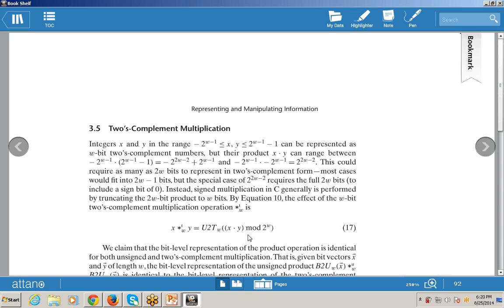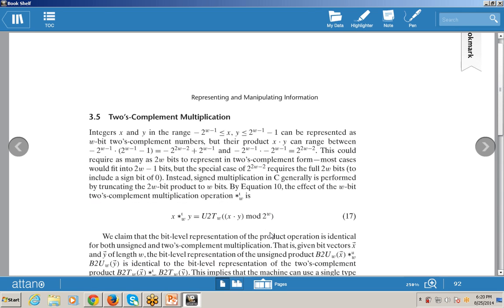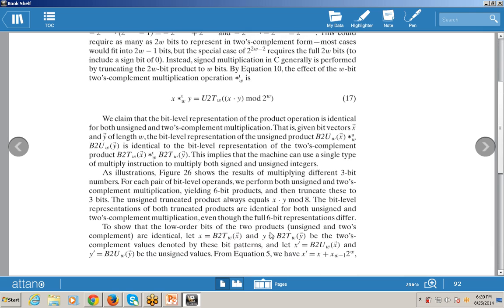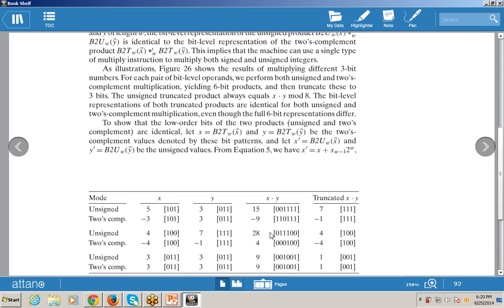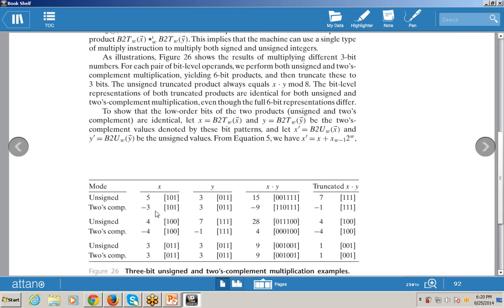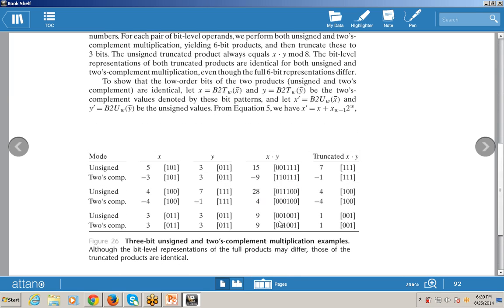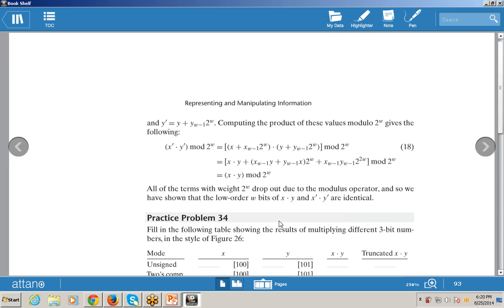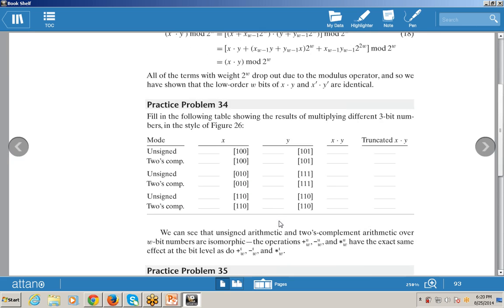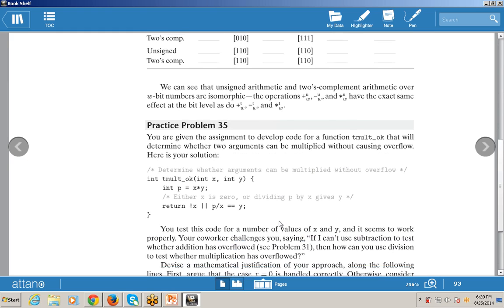It means we first find the mod and then apply 2^w. This is the unsigned number, that is 5. This is the 2's complement. These are multiple examples, and I have to tell you the examples.